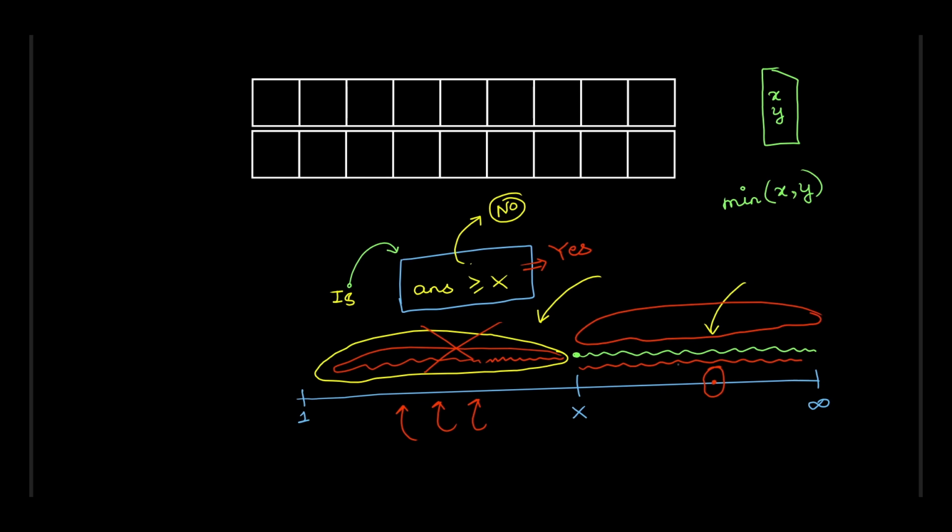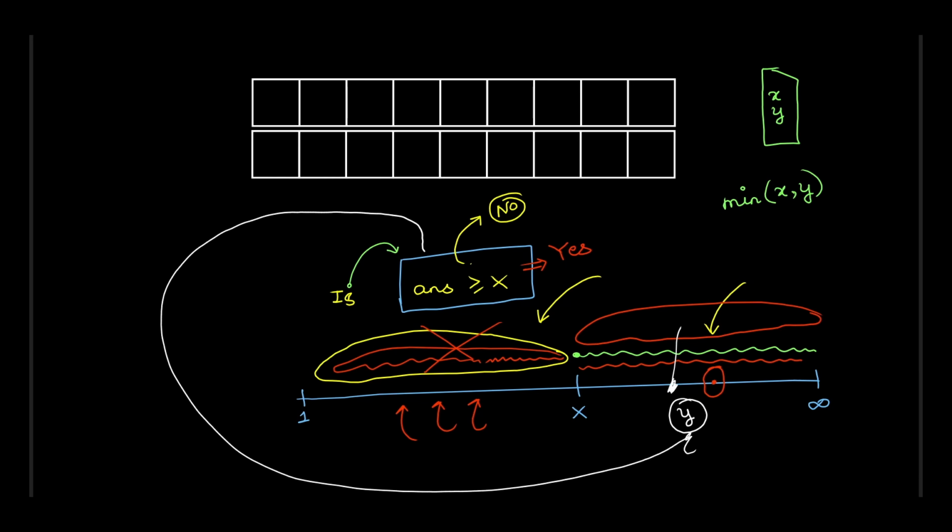Yes, you can do that, because suppose there is one configuration in this right half for which you shouldn't have discarded. Suppose this value, y, was actually achievable. But if this value is actually achievable, and if our binary search logic is correct, then why did this value not surface when I asked this query: does there exist any answer which is greater than or equal to x?